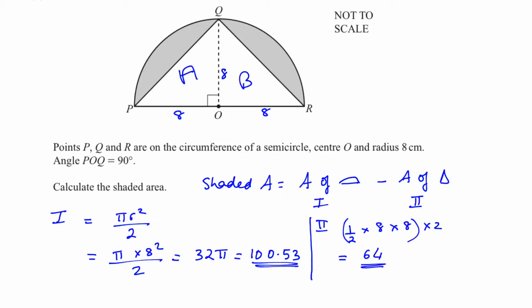So this is the area of the triangle. Now to find the area of the shaded part, we have to subtract these two answers. Therefore, the answer is 100.53 minus 64, and you will get 36.5 centimeters squared.